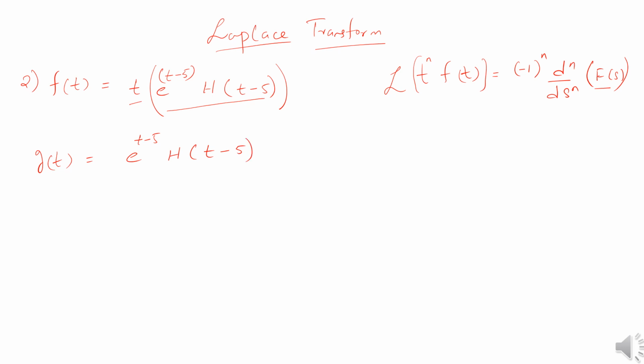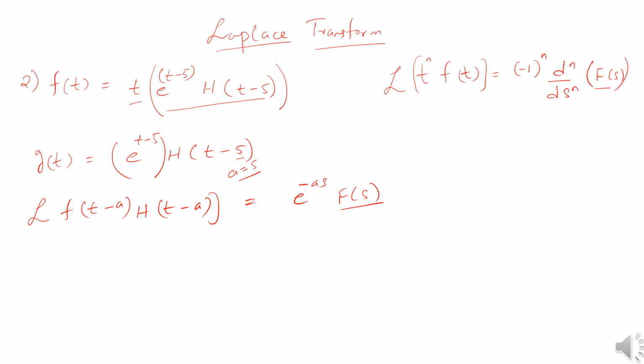Now what we will do here is that the Laplace transform of the Heaviside function is just equal to e raised to the power negative a s multiplied by function of s. So this function of s we can get from this function, and a in this case is 5, so a is equal to 5.